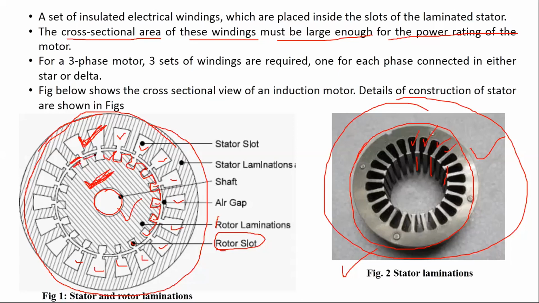This air gap between rotor and stator is generally kept uniform, right? For a three-phase motor, three sets of windings are required, one for each phase, connected in either star or delta. So it is obvious that for a three-phase motor you need a three-phase winding, one set of winding for each phase, right?